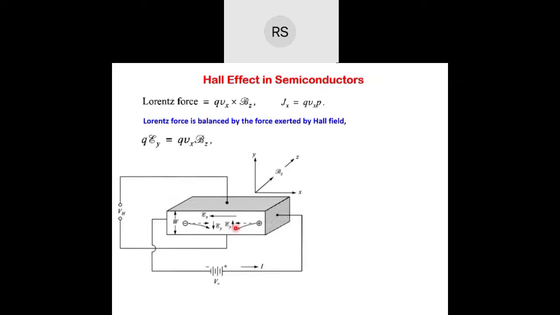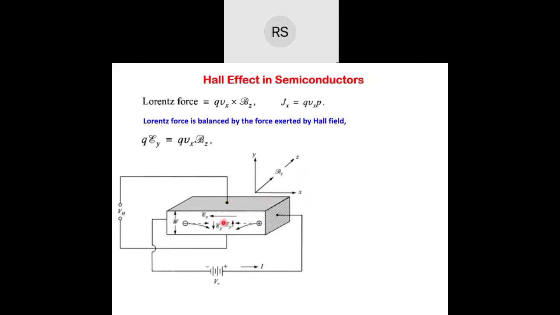Along the X direction, there is a current passing through the semiconductor material. Along the Z direction, you have applied a magnetic field, and then along the Y direction, perpendicular to both X and Z, you measure the Hall field.